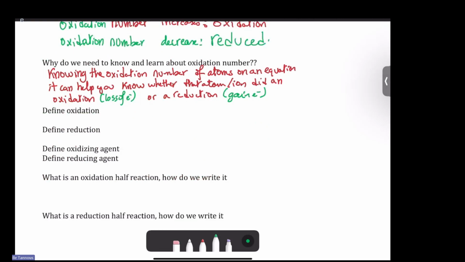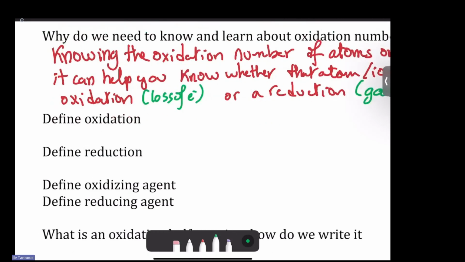So, define oxidation. Oxidation is the loss of electrons. When a substance loses electrons, the oxidation number increases and it is called a reducing agent.